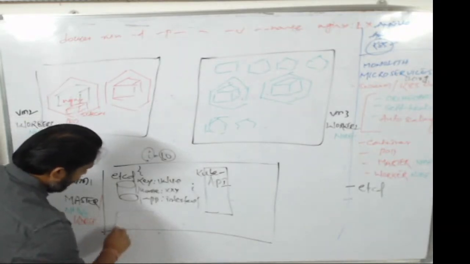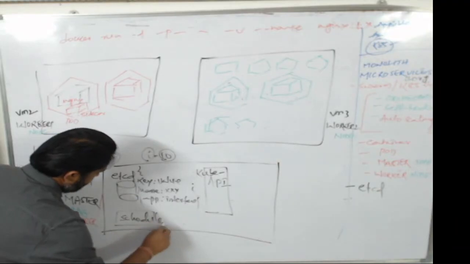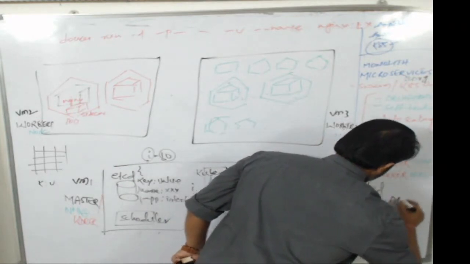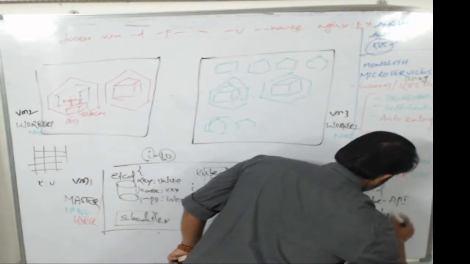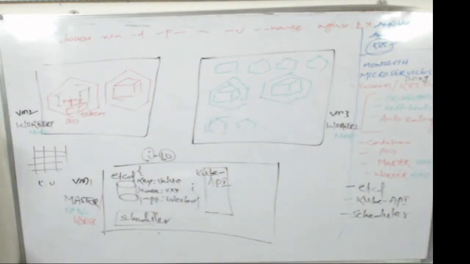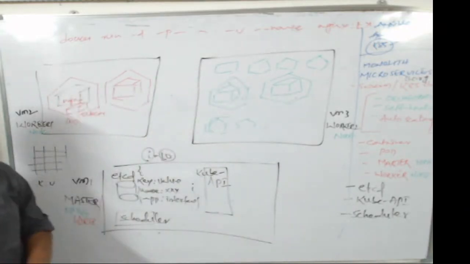The next one is what we call the scheduler. The Kube API is the gatekeeper, and then the scheduler. A scheduler, as the name itself says, schedules the pods.